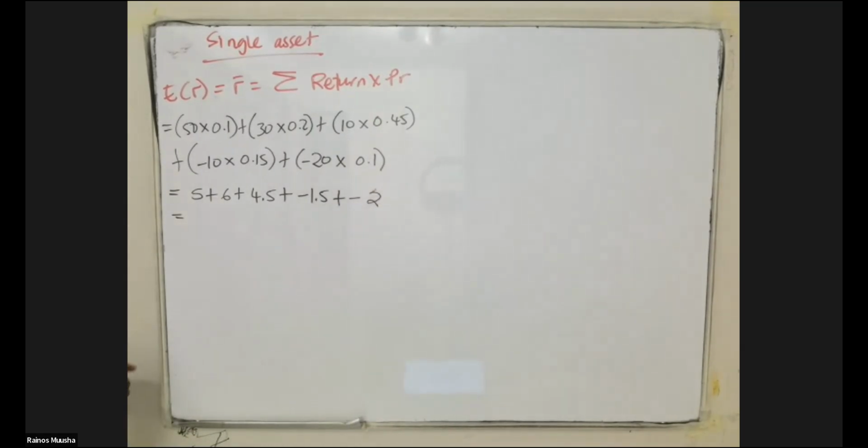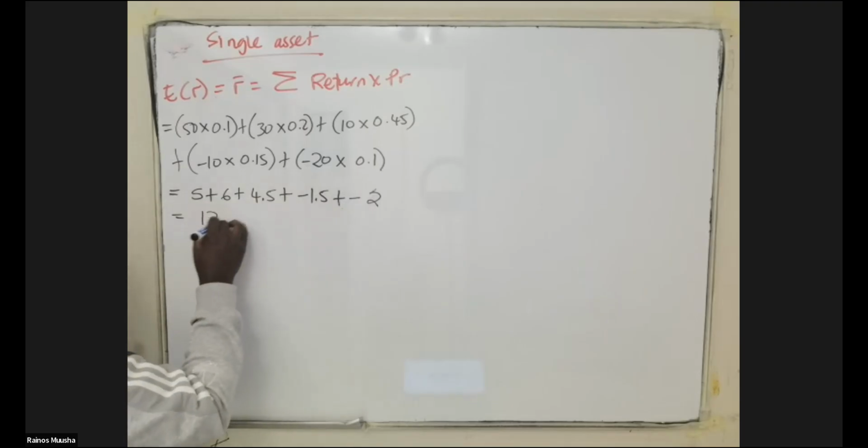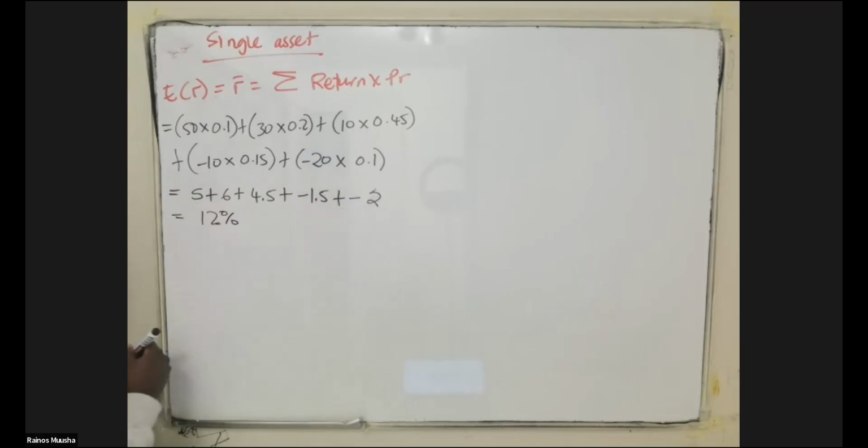So in this case, 5 plus 6 plus 4.5 gives us 15.5, minus 3.5. It will give us a return of 12%. So the 12% return is going to be our expected return.